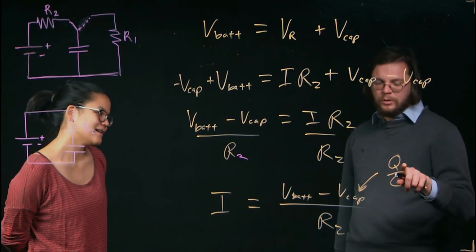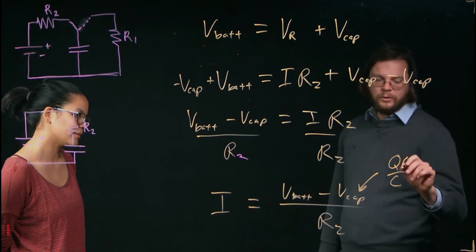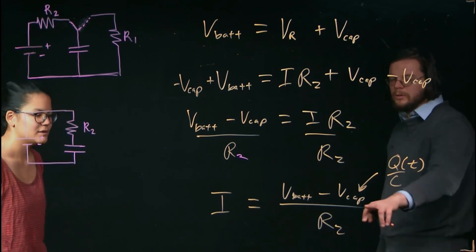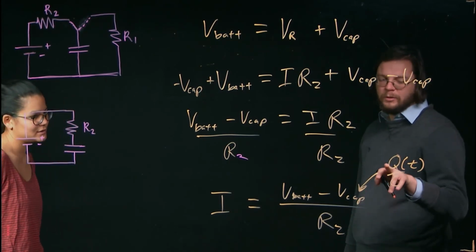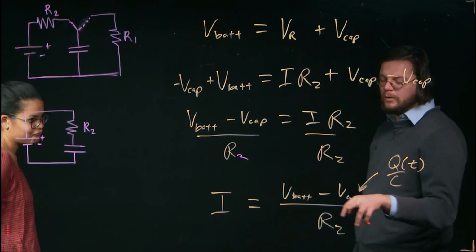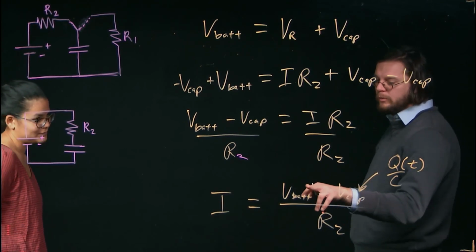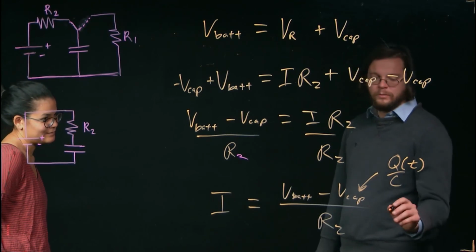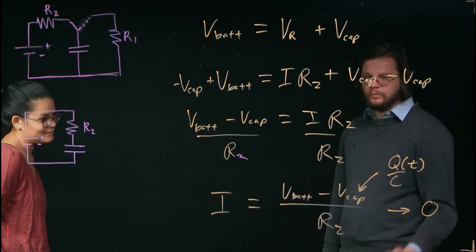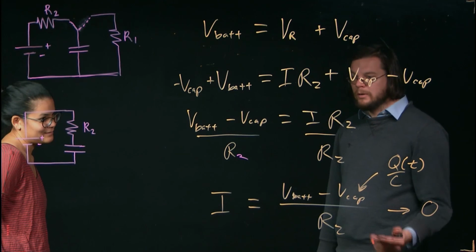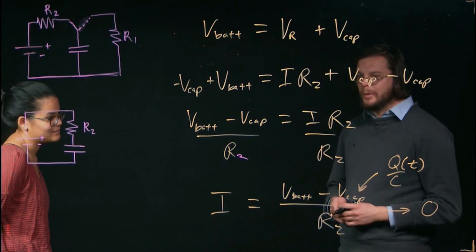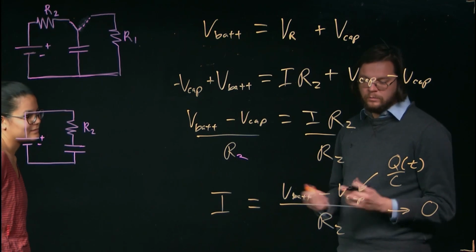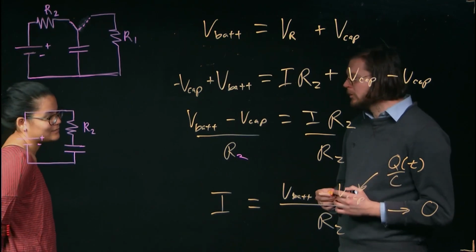That's right. Initially the charge is 0, so the charge is a function of time here. Initially this is 0, but over time it gets larger and larger until this voltage is equal to that of the battery, and then the current will go to 0 after a long time. That's what you might expect to happen. So let's put it in the code and see what we get.